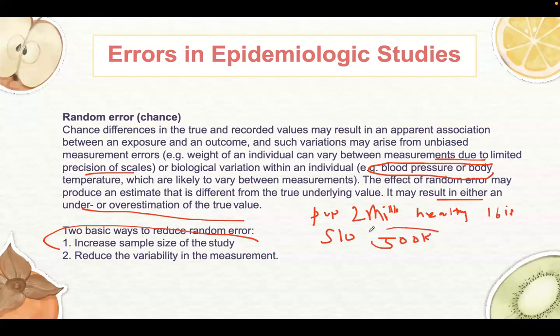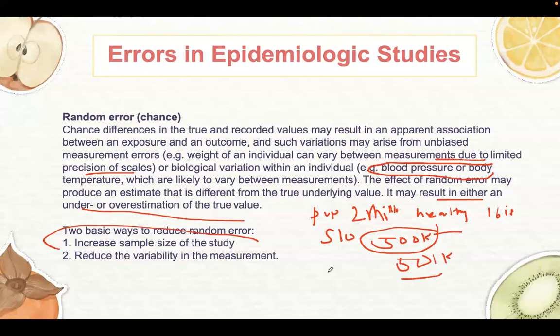So para ma-avoid po natin yung ating random errors, what we can do is mag-add tayo ng at least 1,000. So, 501,000. So pwede naman po siya. So yung pinaka-minimum lang na gagamitin mong sample size is yung according dun sa lumabas sa formula. So pwede namang mag-increase para mas ma-reduce yung ating random error.